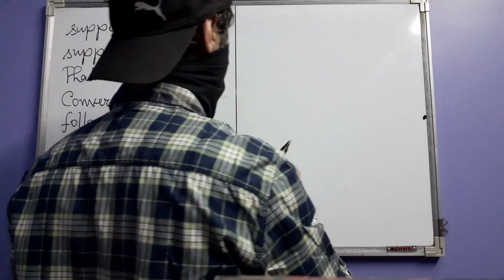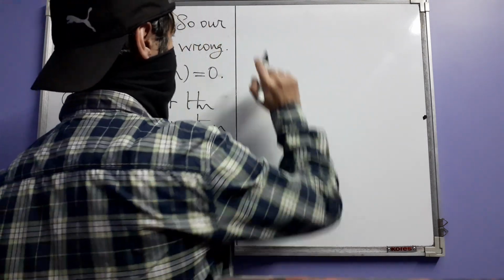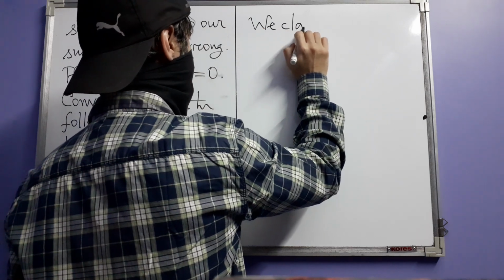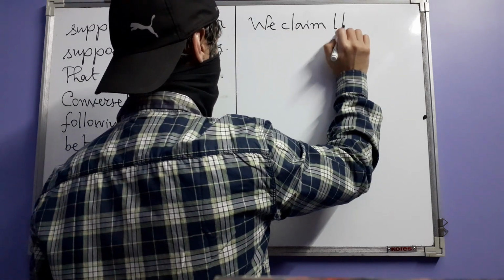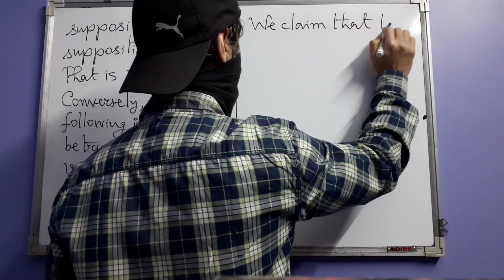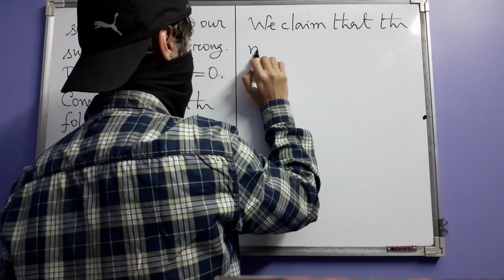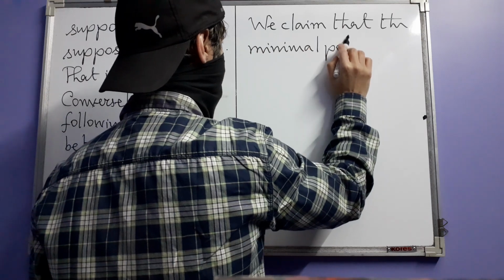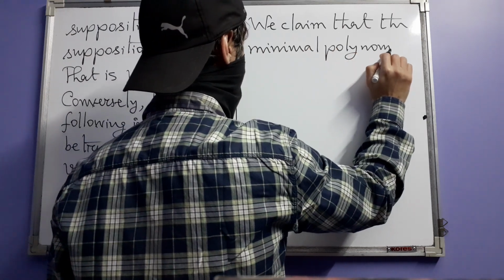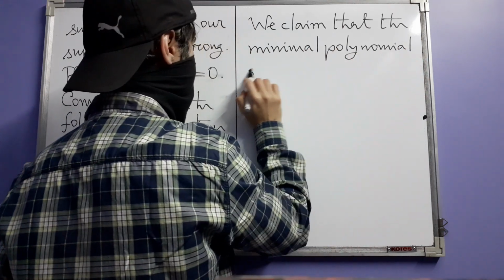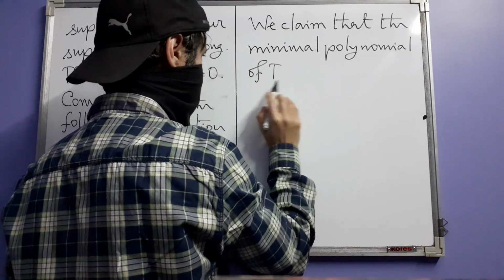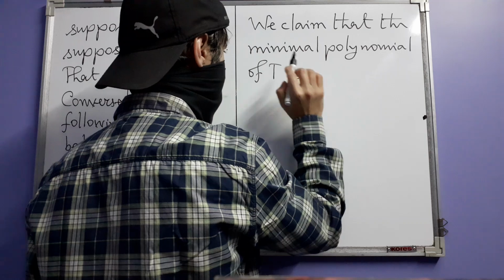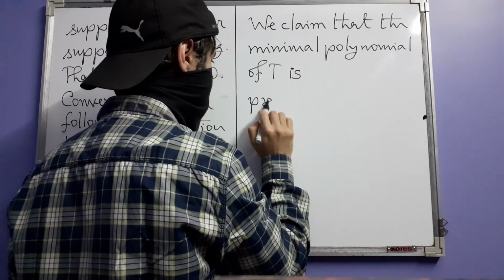So what we do, we are now going to make a claim. We claim that the minimal polynomial of T over F, of course, that's understood, is this.